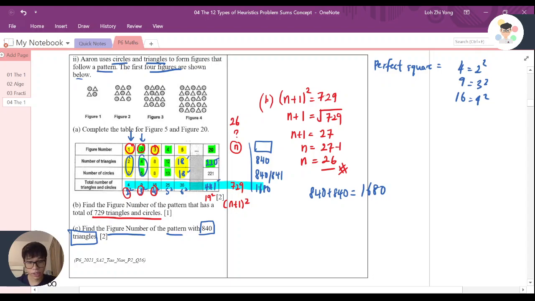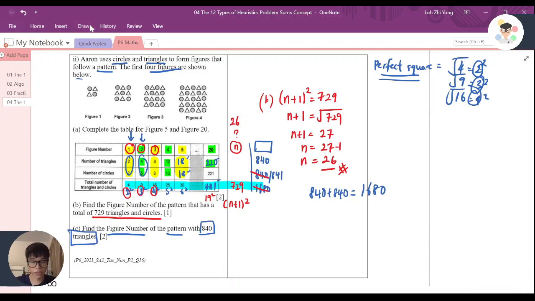If you square root it, it will give you 40.98. Remember, what I said is that these blue color highlights are all perfect squares. It means you are able to square root it to get a whole number. So I know that 840 can't be the number because you can't square root it. This is not possible. It means that for sure the number of circles is 841.